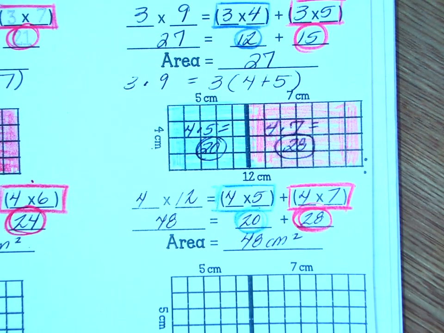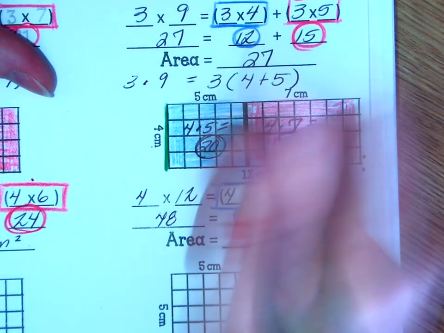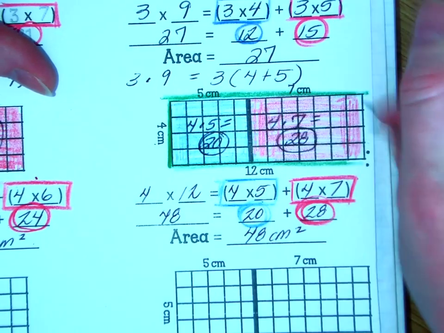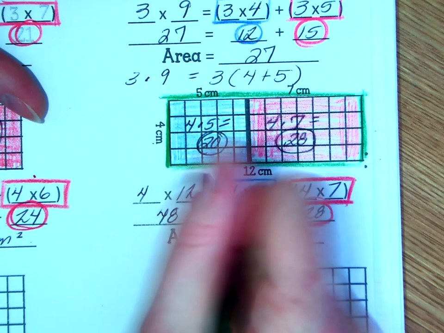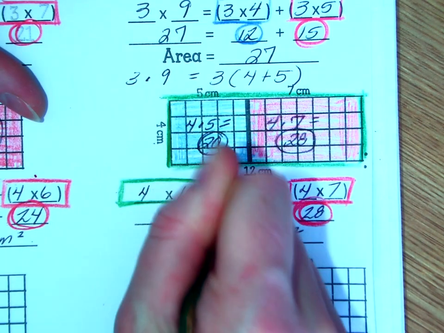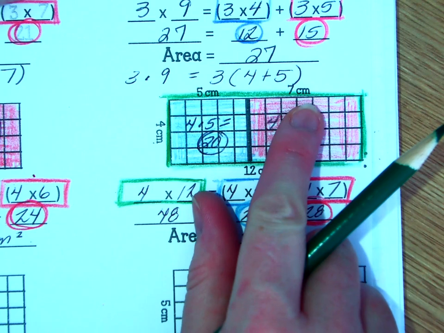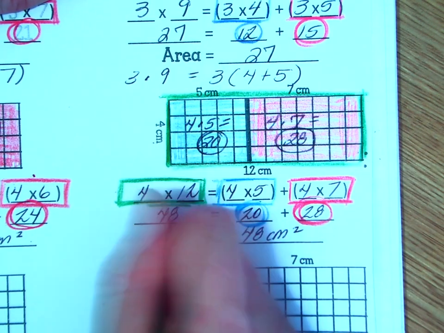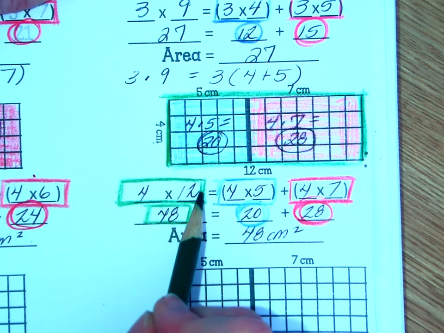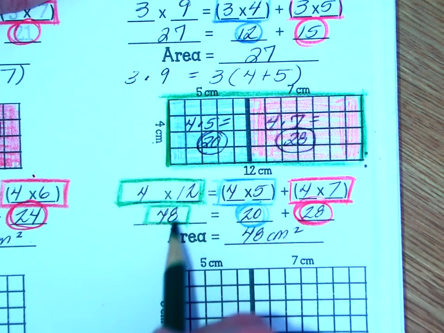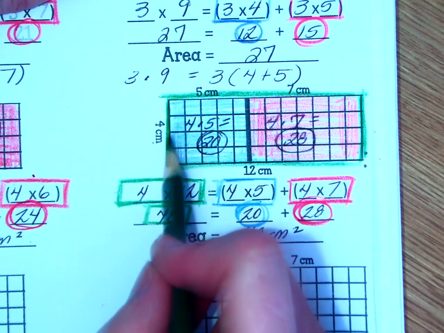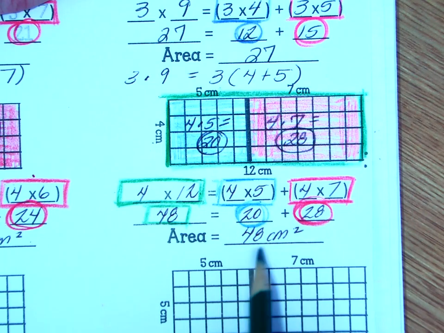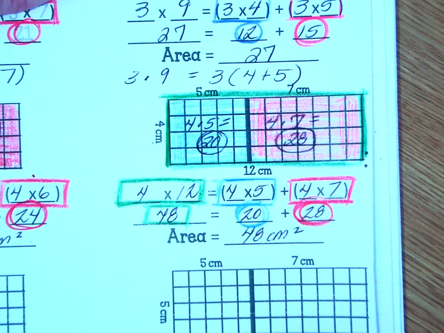So we're either looking at it as 4 times 12, which represents this, or we're decomposing the side length into 5 plus 7. 4 times 12, the entire area, is 48. The decomposition, 4 times 5, is 20, plus 4 times 7, which is 28, which also calculates to 48.